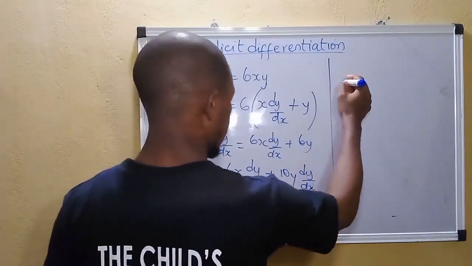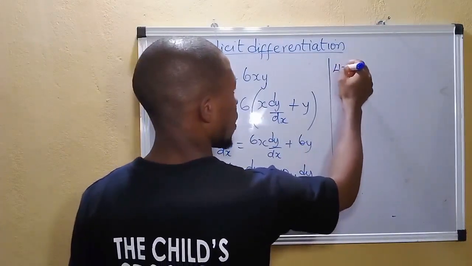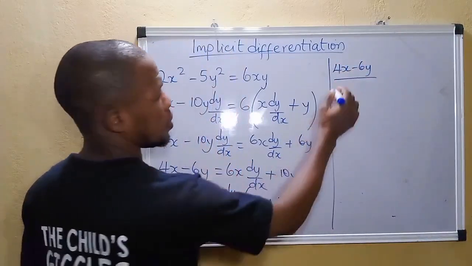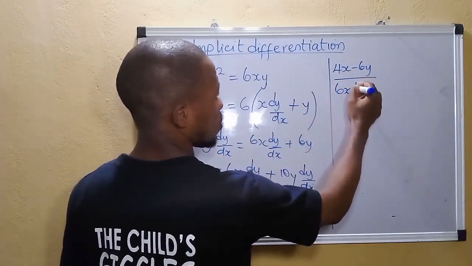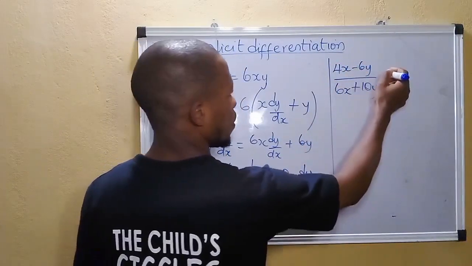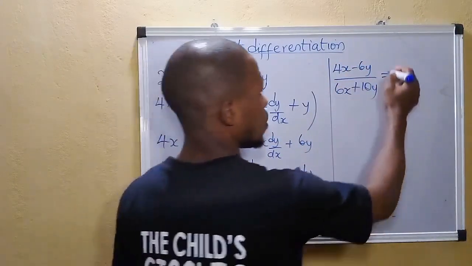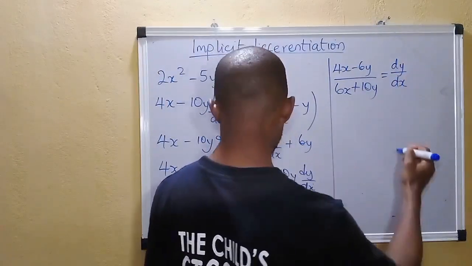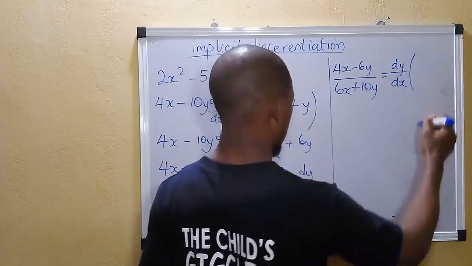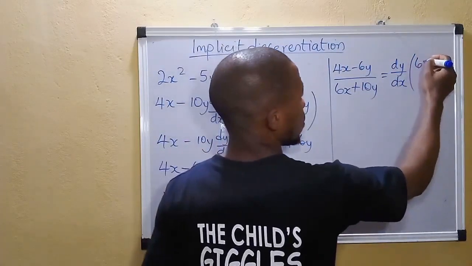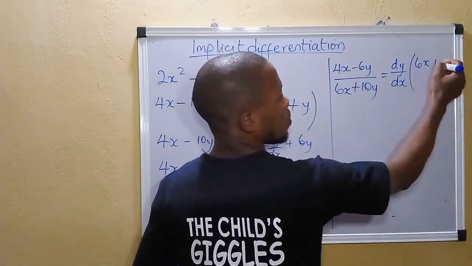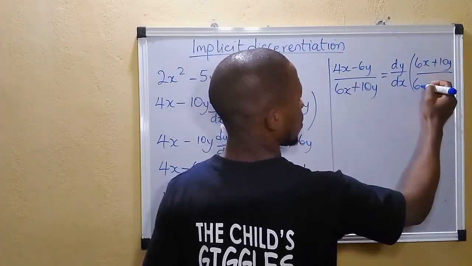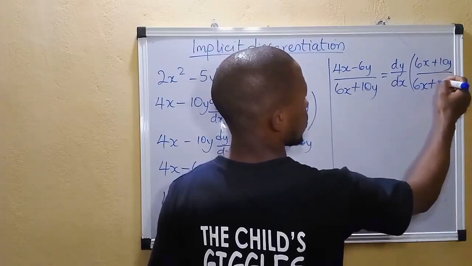So we're going to have 4x minus 6y divided by 6x plus 10y equal to dy dx bracket 6x plus 10y divided by 6x plus 10y.